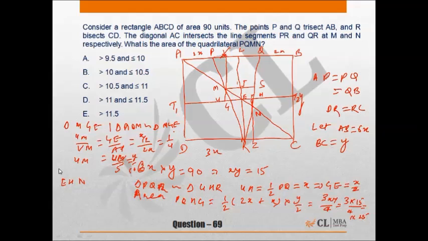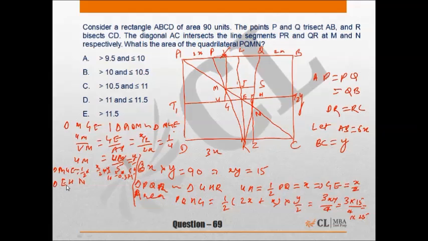From here the area of triangle MGE will be 1 by 2 into GE, which is x by 2, into UV, which is y by 10, and after substituting the value of xy, we get the area of triangle MGE as 0.375.